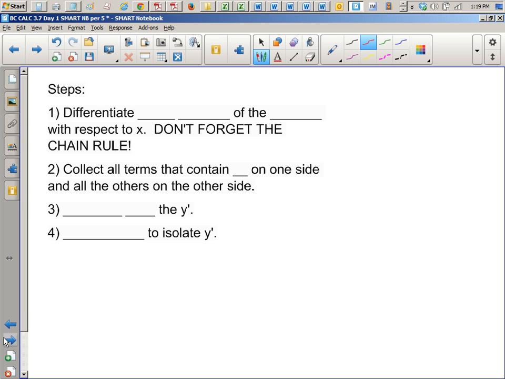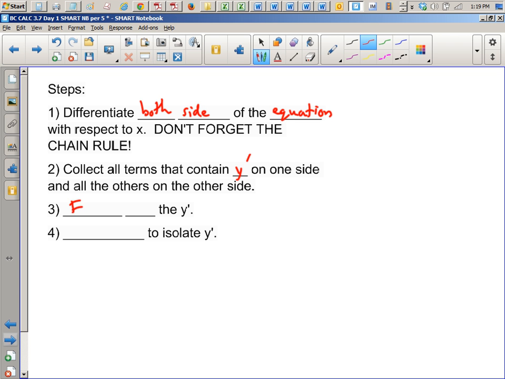Okay, so it's a four-stage process. First we differentiate both sides of the equation with respect to x. And don't forget the chain rule. Then we will collect all terms that contain y prime on one side and all others on the other side.